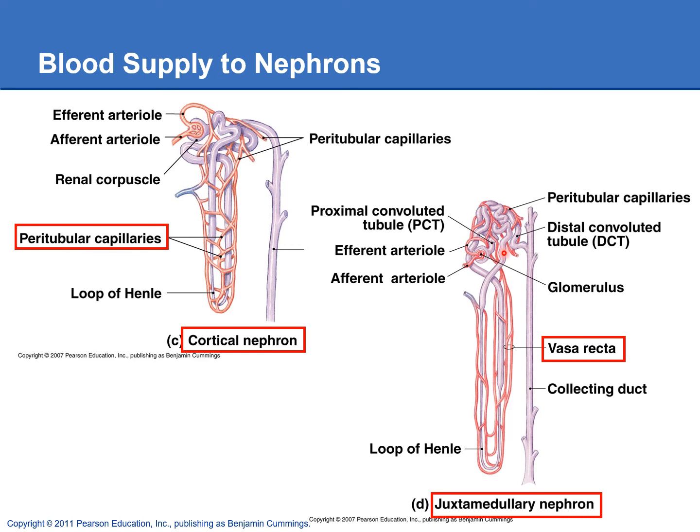But then when the peritubular capillaries go down around the loop of Henle, because the loop of Henle is so long in these juxtamedullary nephrons, the peritubular capillaries really straighten out. And so it ends up being called the vasa recta. So vasa just talking about blood vessel, and recta means straight. And then from the vasa recta, around the loop of Henle, we will then exit to the renal vein.